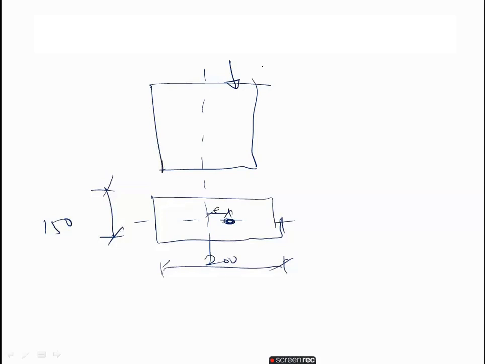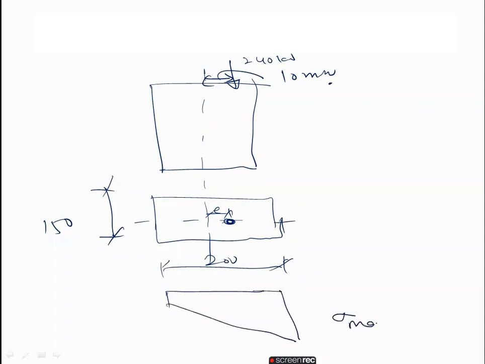The load is 240 kilonewtons and the eccentricity is 10 mm. Now calculate sigma max and sigma minimum. These are the unknowns.